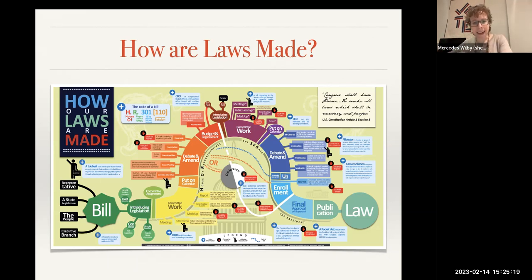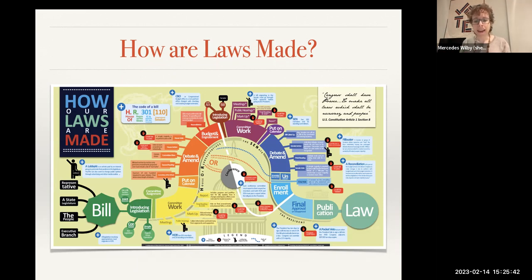If they amend it, it may go back to the Senate because the two chambers have to vote on the same version of the bill and agree on which version. If it keeps going back and forth, we might see a conference committee set up where representatives from both chambers meet and discuss, and come up with a final bill, which then gets voted on by each chamber.